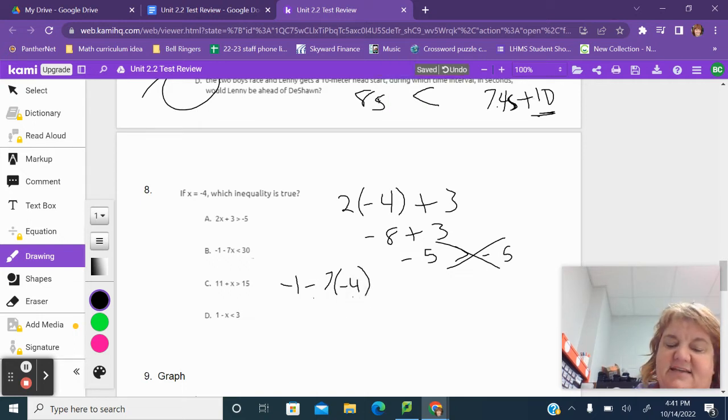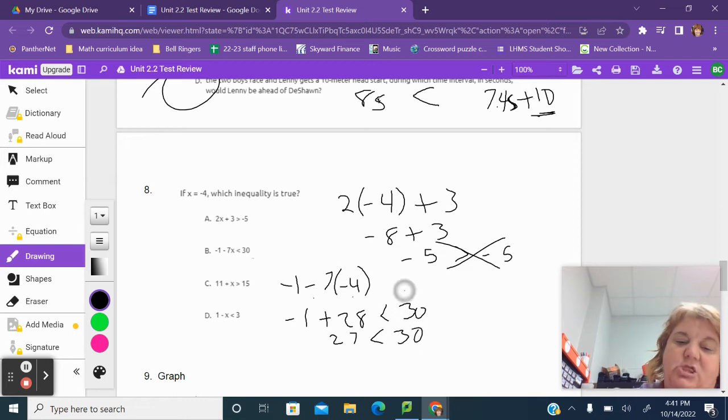Negative times a negative is positive. So then we have plus 28 is less than 30. That's 27 is less than 30. Nope, it's not that one.